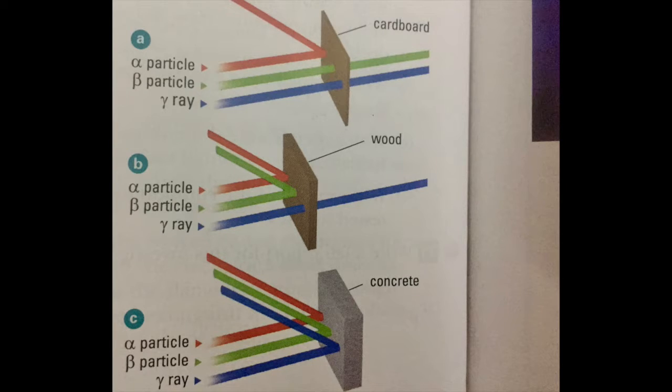Alpha particles were later found to be helium nuclei containing 2 protons and 2 neutrons. Beta particles are high-energy electrons, and gamma radiation is high-energy electromagnetic radiation with no mass.